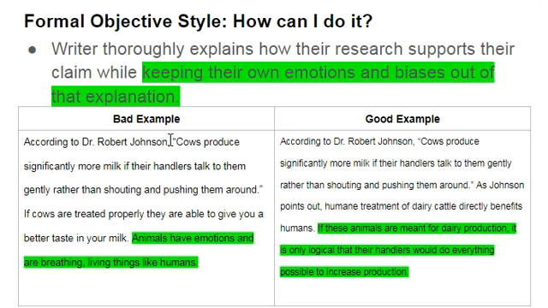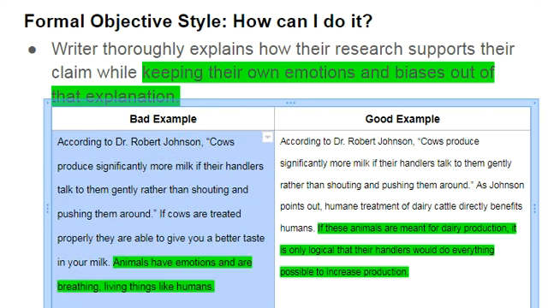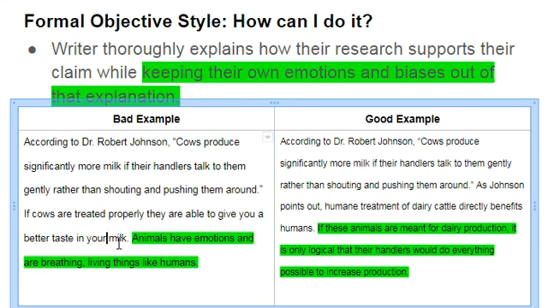Anyway, so they present this evidence, that cows produce more milk if their handlers talk to them gently and are kind to them, basically. So the next part, and this is correct, the next thing you're supposed to do after you give evidence is you're supposed to discuss how that evidence proves your point.